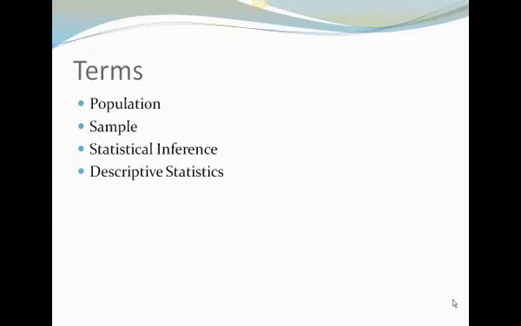So these are basic ideas that we get, conclusions that we can make based on the sample about the population. So we can think of the average, what is the distribution, things like that. And we generally describe these using descriptive statistics.